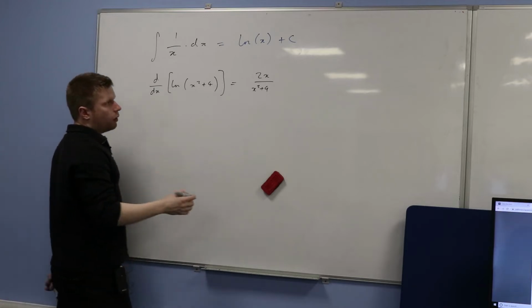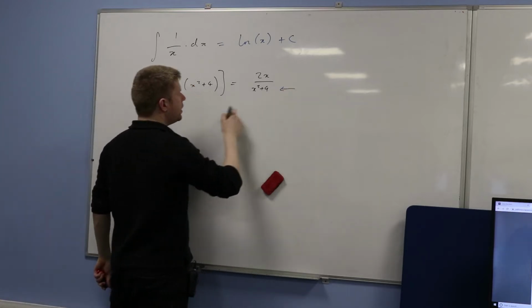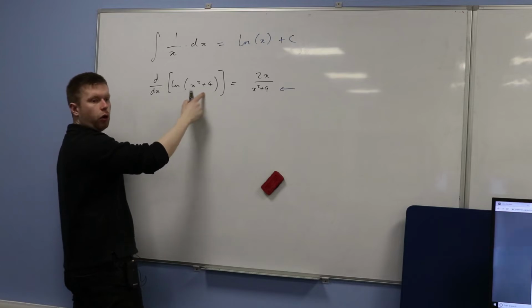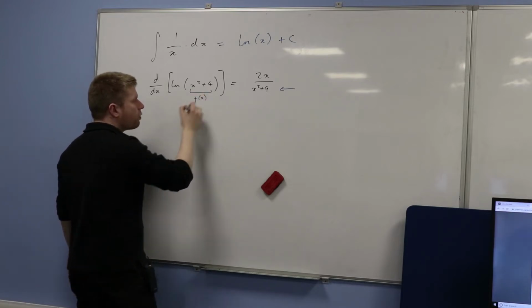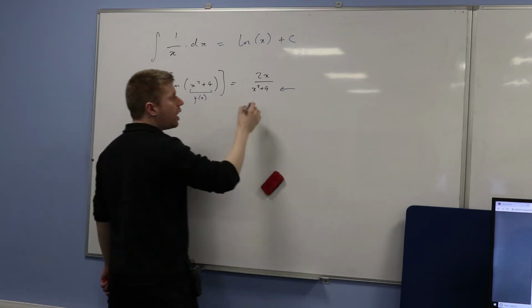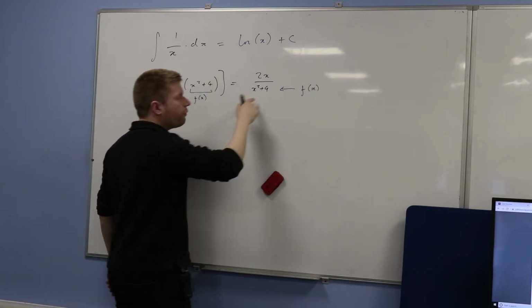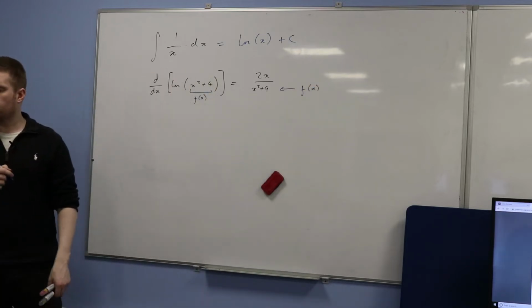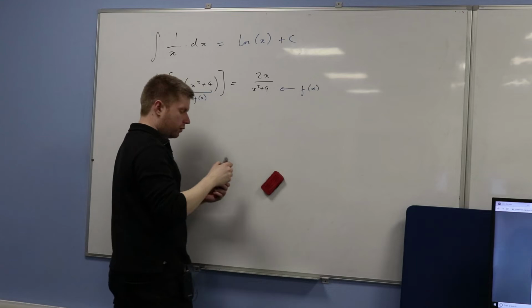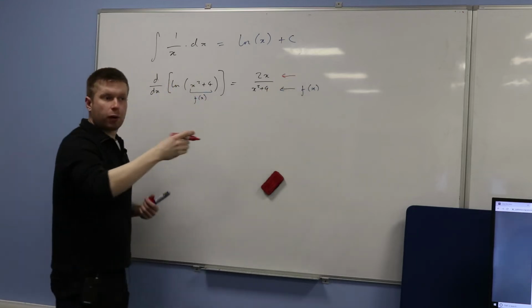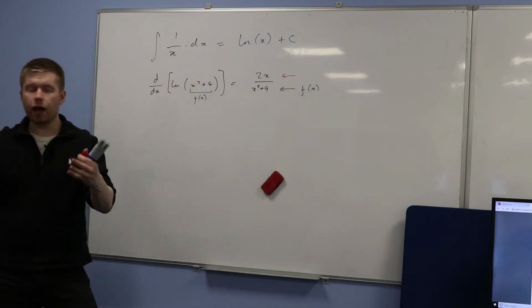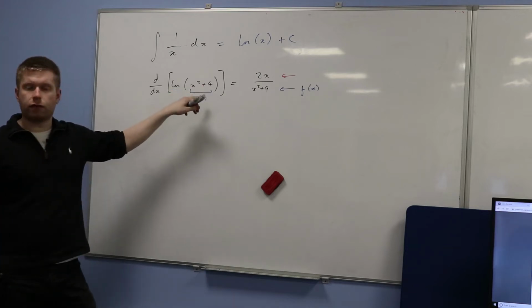Have a look. What I've really got here is my original function inside the natural log. If I call that f of x, that's my original function, and that ends up on the denominator of that fraction. Now what goes on the numerator of that fraction? By definition, because it's the chain rule, I have to multiply by the derivative of that function.